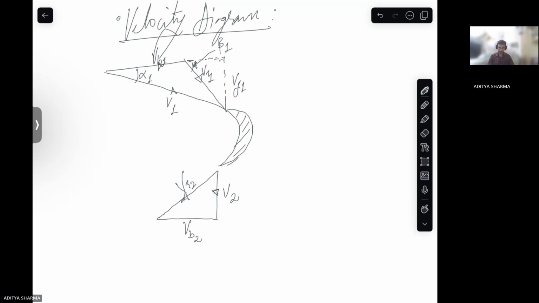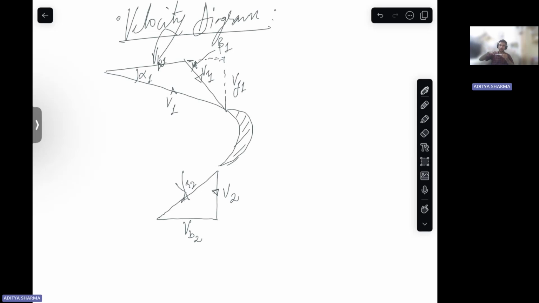So let's say this is your shaft where your blades are mounted, and this direction is perpendicular to it.